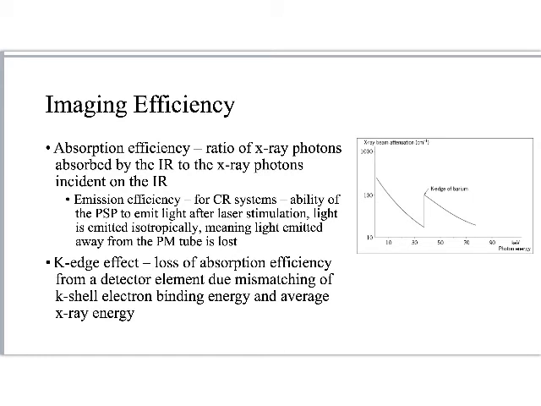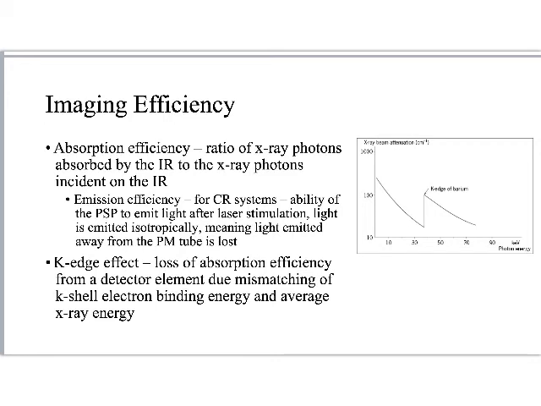The emission efficiency, and this has solely to do with CR systems, is the ability of the PSP to emit light after laser stimulation. The light is emitted isotropically from the PSP plate, versus going down the light tubes in the cesium iodide.